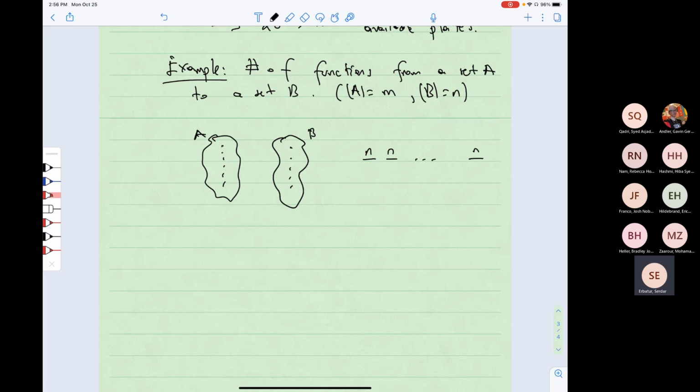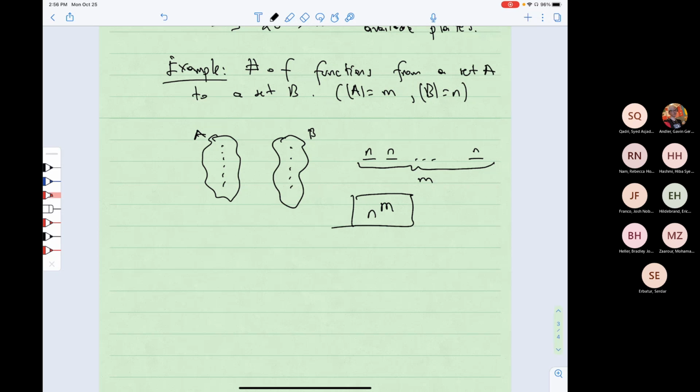But it looks like the first task, defining a function, had these M tasks. The first task could be done in N ways. The second task, which is mapping the second element to a unique element, can be done in N ways, and so on and so on. It looks like the total number of functions that we can define would then be N to the M. Make sense?